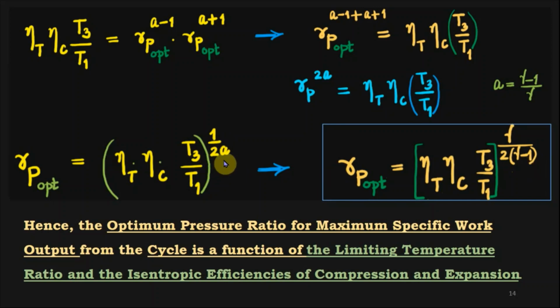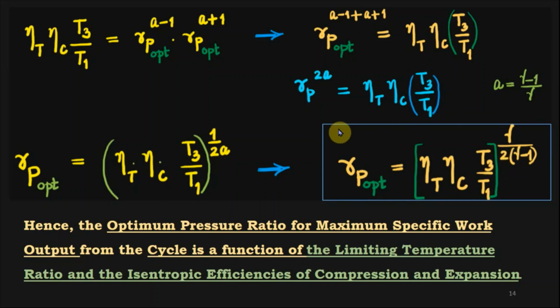Because this is 1 by 2A and you are replacing A by this expression gamma minus 1 by gamma, when you take the reciprocal and bring it to the numerator, the index will become gamma by 2 into gamma minus 1.